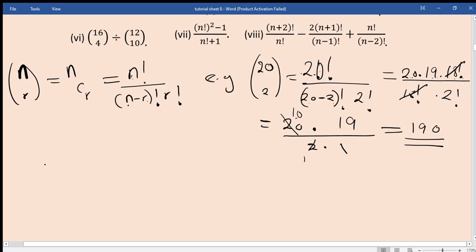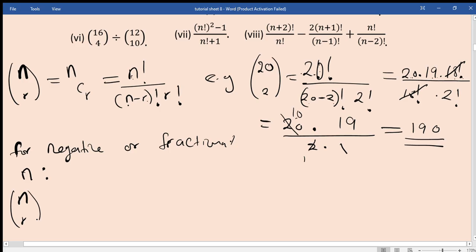So for a negative or fractional n, if n is negative or if n is a fraction, instead of using this approach, you use a new formula.